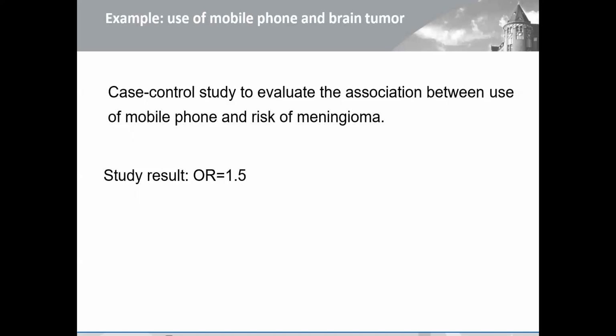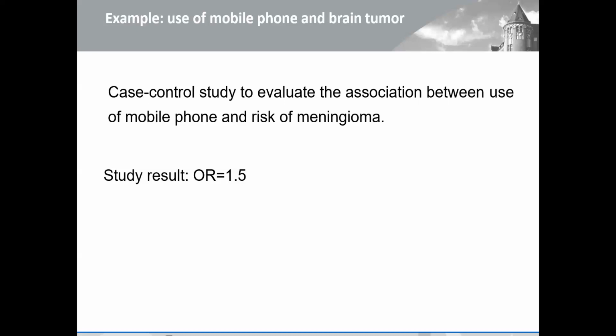So one of the mistakes which people tend to make is to then interpret this as saying the risk is 1.5 times. No, it's not the risk which is 1.5 times, but we are saying in this case the odds. It is the odds which are 1.5 more times among mobile phone users as compared to those who didn't use the phone.